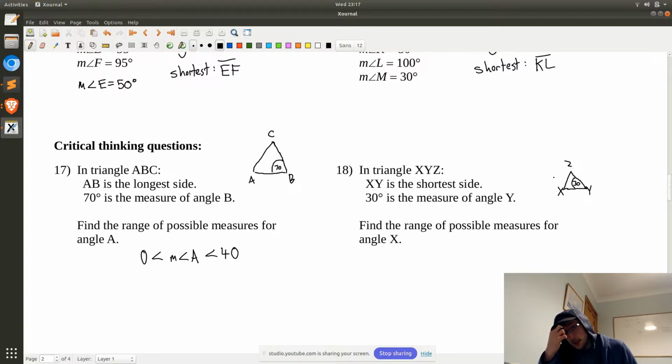So that means that Z has a hard ceiling of 30 degrees. And let's just say that it is 30 degrees. Well, then X would be 120 degrees, but as we make it smaller, X becomes bigger.